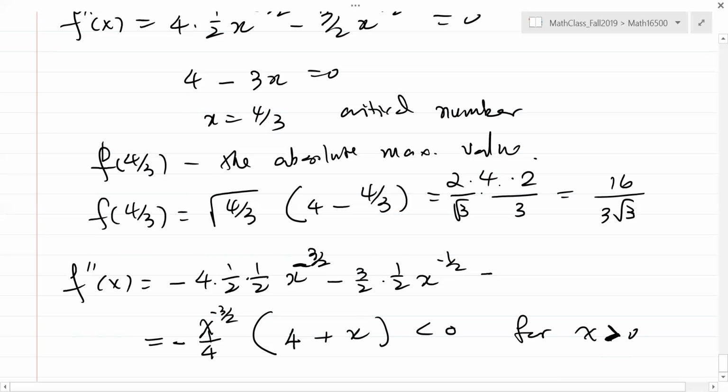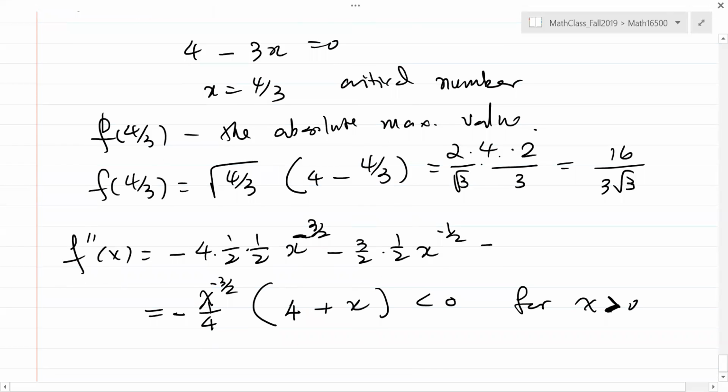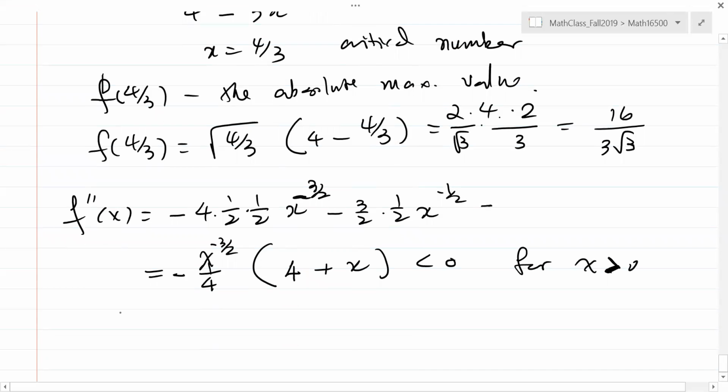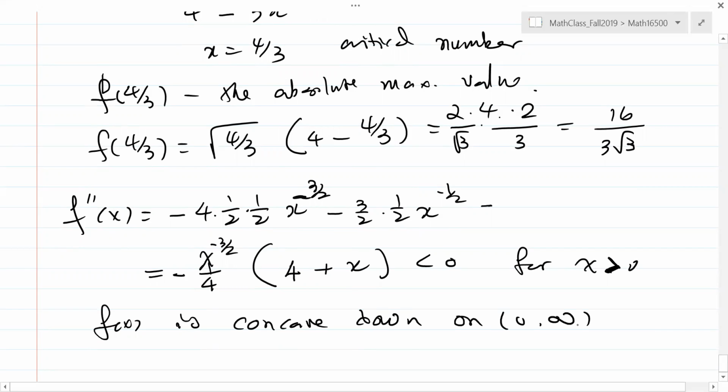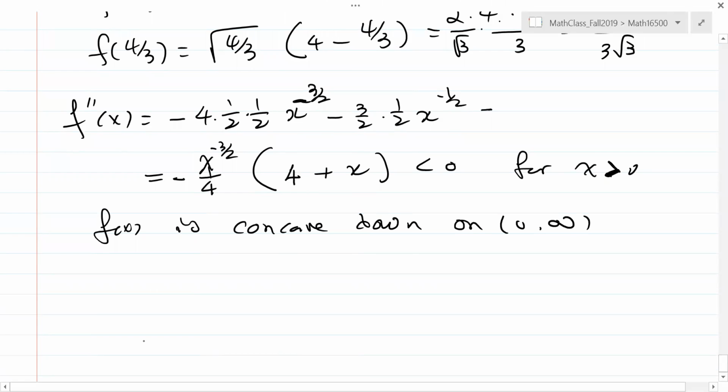So the second derivative is negative, which means it's always concave down. So f of x is concave down on the interval from 0 to infinity. Yeah, so when you draw the graph, just be careful. It goes like that, I guess. Okay, we double check.